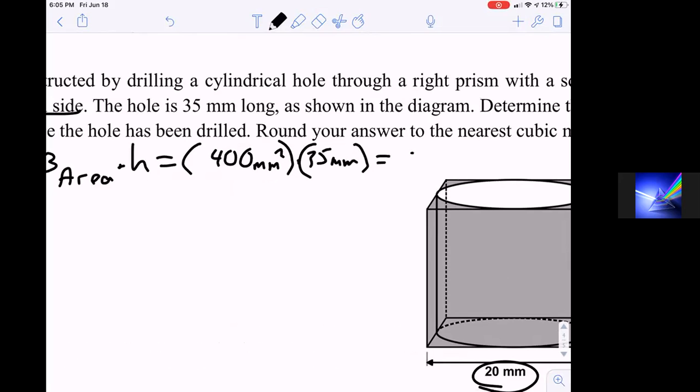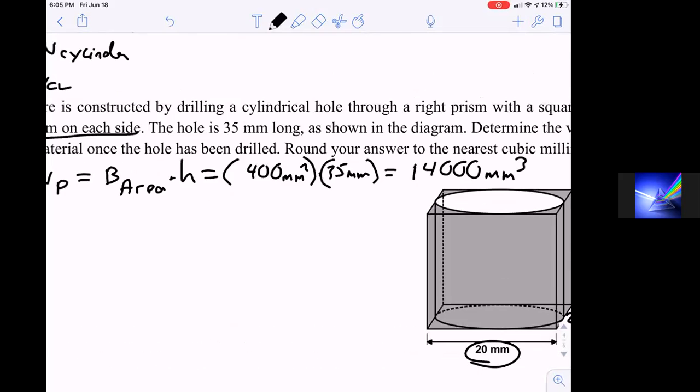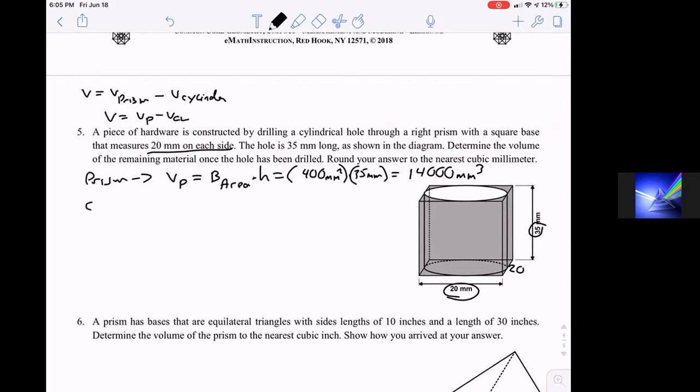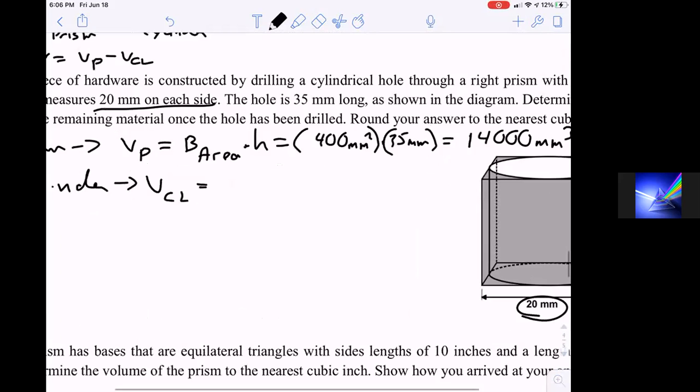Multiply those two together and we get 14,000 cubic millimeters.